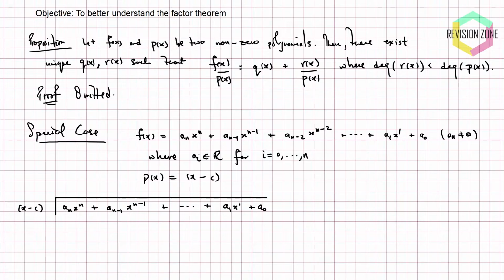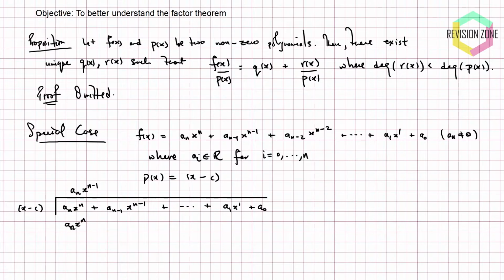Looking at this, we know that we've got to multiply by a_n x^(n-1). So here I can write a_n x^n, because the x times the x^(n-1) would give me x^n, and the a_n just comes along for the ride.